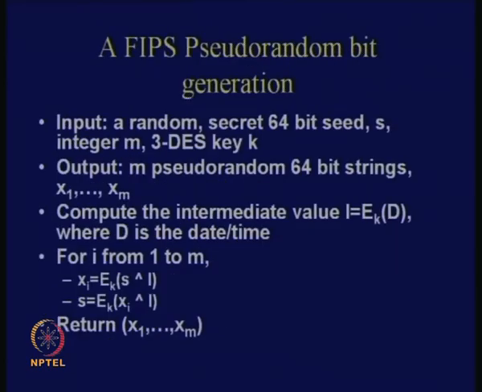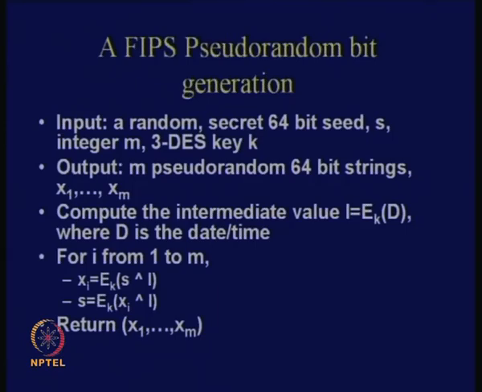So there are some examples which we can learn from literature. These are very old examples, but I think we should study them a little bit because they are quite standard bit generator techniques. FIPS is a body, a Federal Information Processing Standard Body. This body gives you a lot of block cipher standards and pseudorandom bit generation standards.